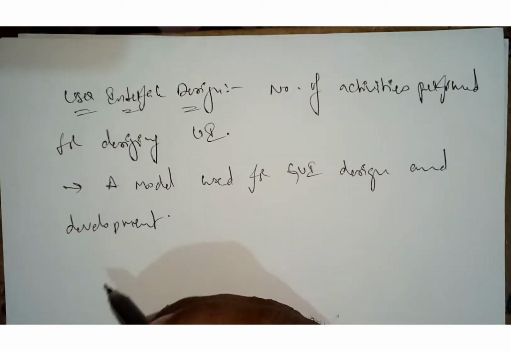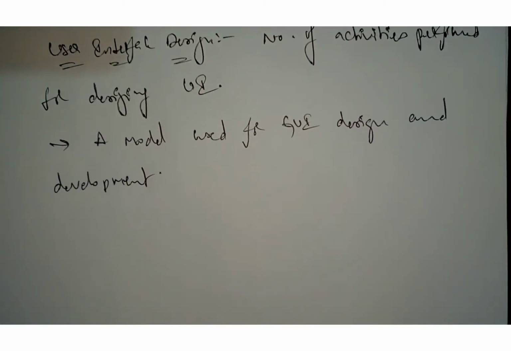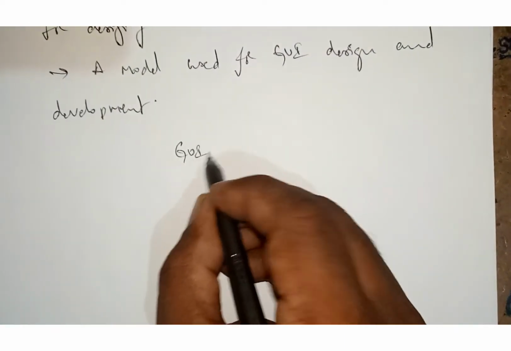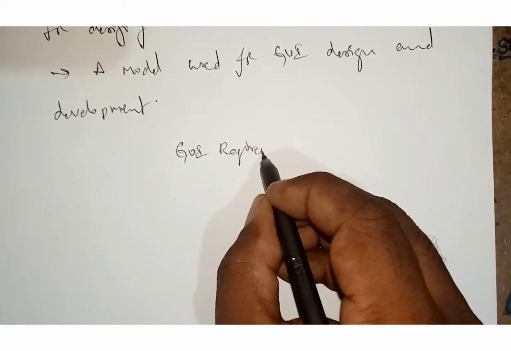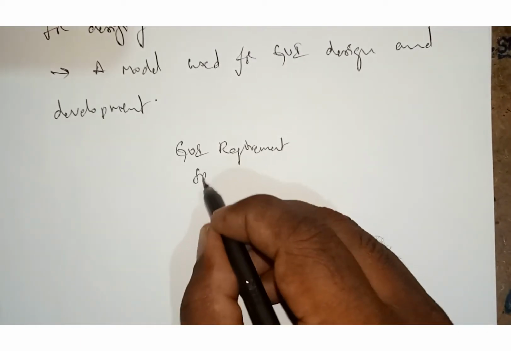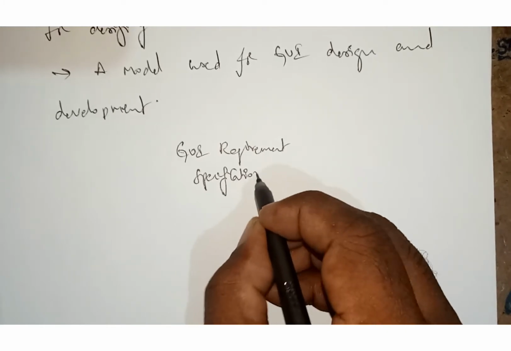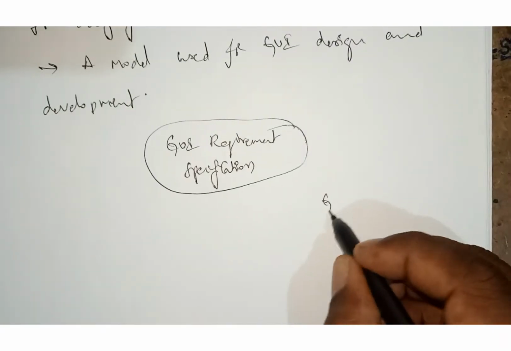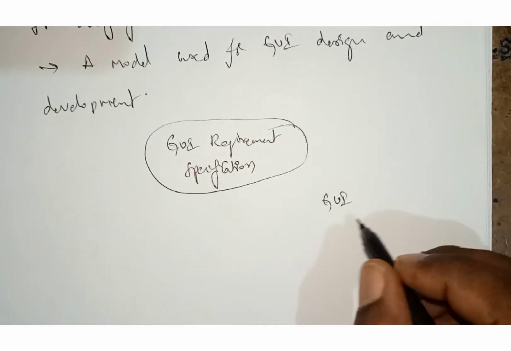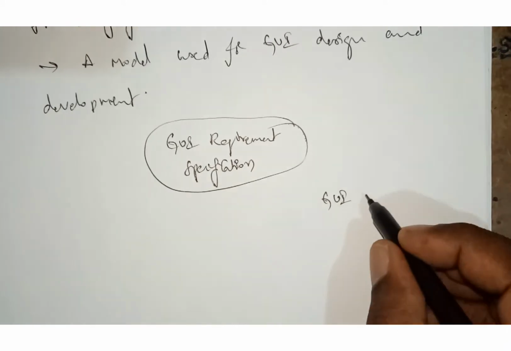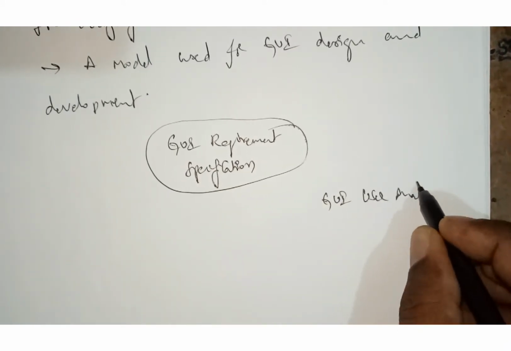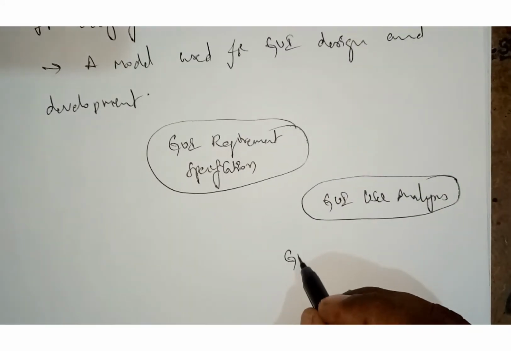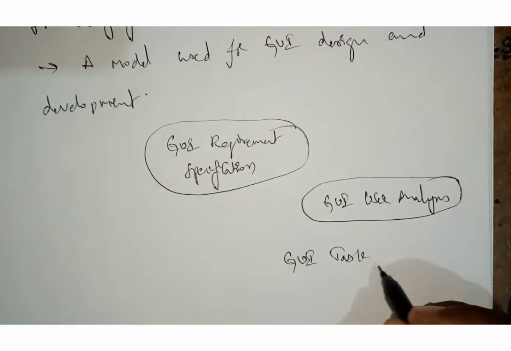Here there are some steps, and I am going to draw a diagram for this: GUI requirement specification. Next one is GUI user analysis. GUI stands for graphical user interface. Next is GUI task analysis.